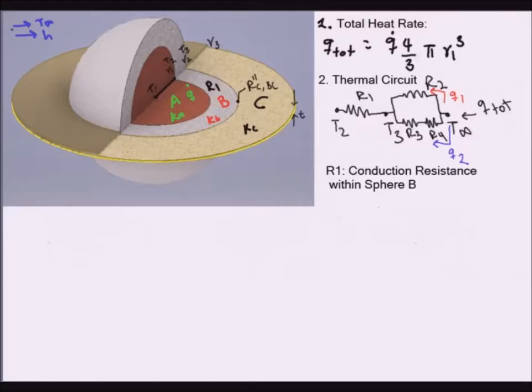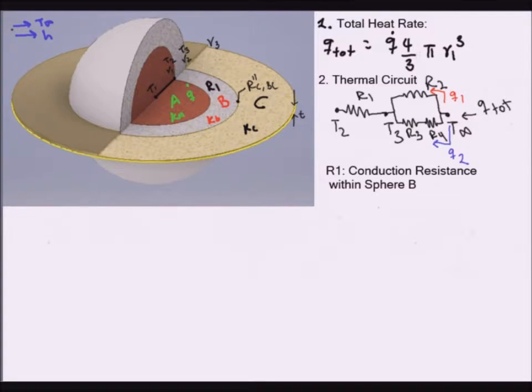So the first resistance, R1, is just the conduction resistance within the sphere B. To derive this expression, you must start with the heat equation, and you must do a temperature definite integral between the two surfaces and the two temperatures, T2 and T3, and R1 and R2, and that way you will get an expression for the heat rate as a function of the temperature difference.